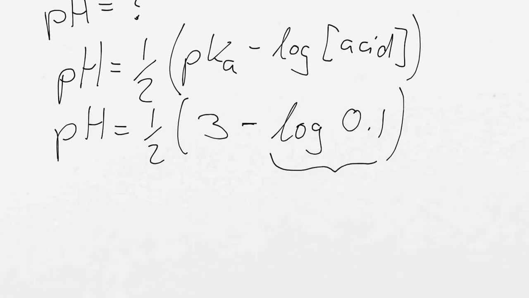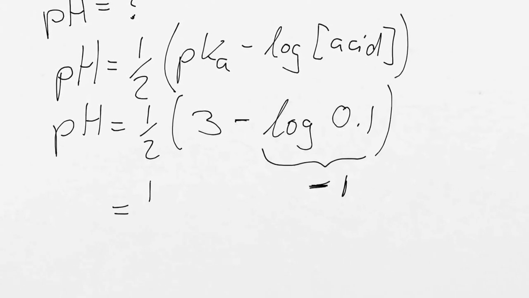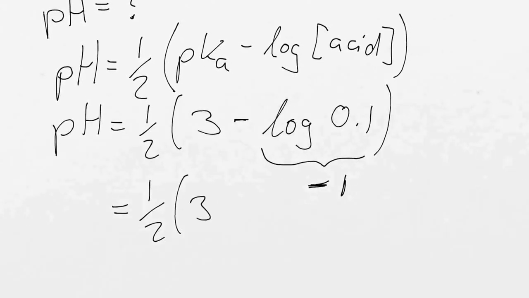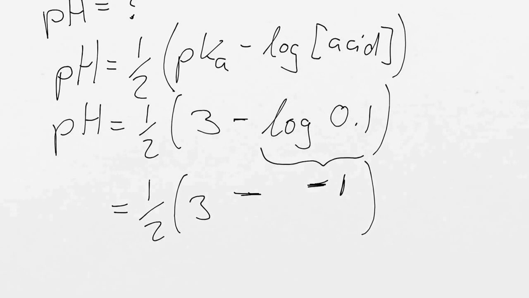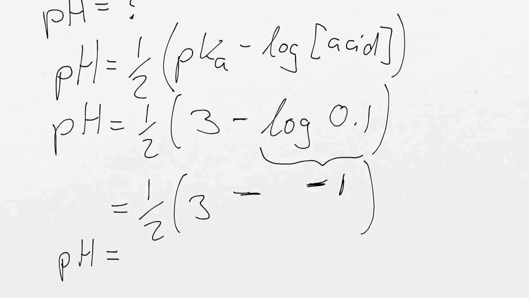Log 0.1 gives me -1. So I have 1/2 of 3 minus -1. That's 4. And therefore the pH equals 2.